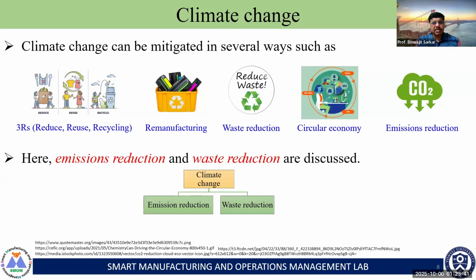So finally, these are the important part that climate change can be mitigated in several ways, such as these first three R's. What are these three R's? Number one is reduce. That means whenever, suppose we are buying something, buy some food. Do you think that whatever food we buy, we consume it all? Most of the time there are some extra.